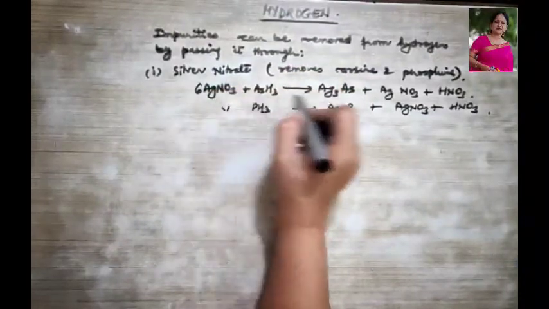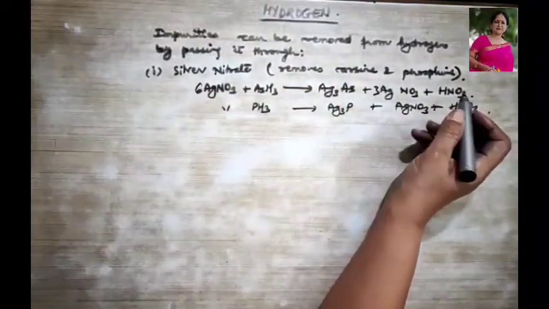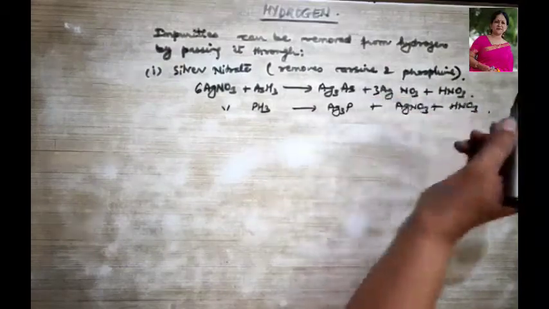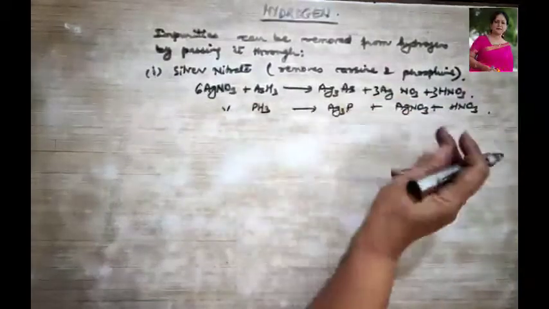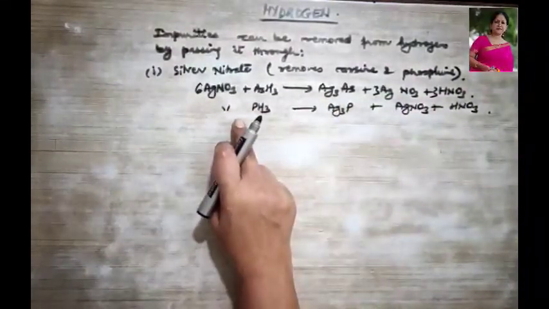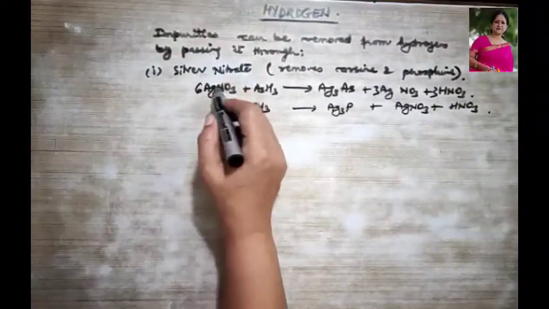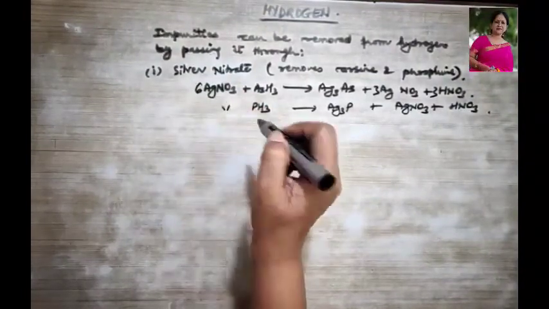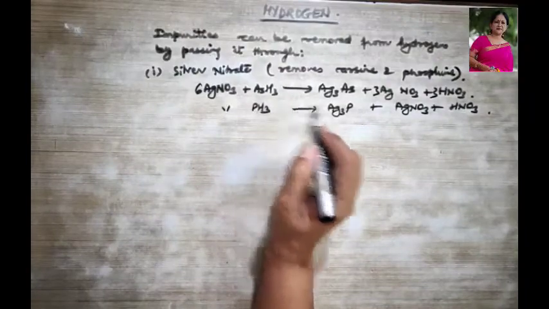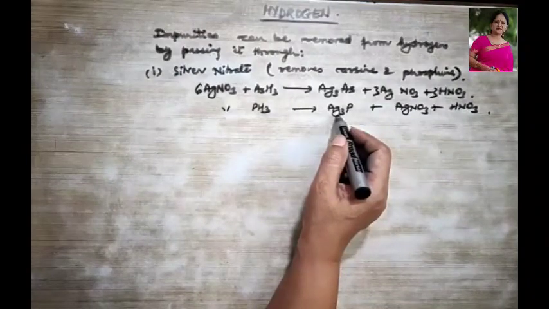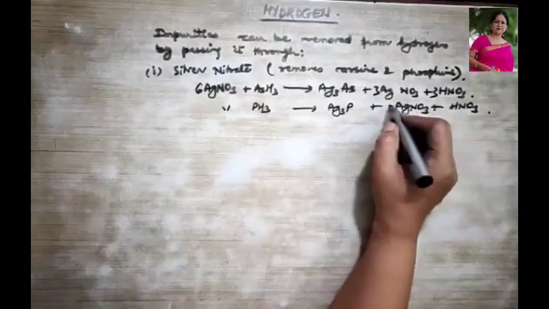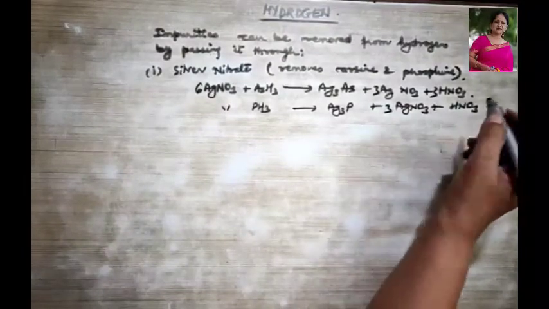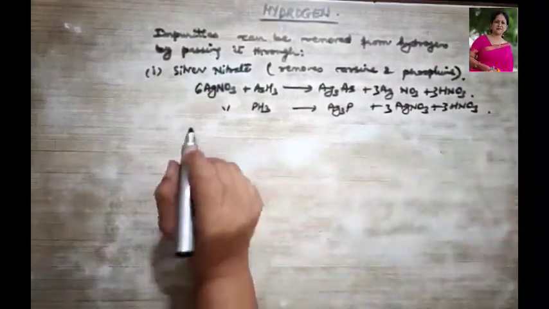This is 6HNO3, this will form 3HNO3, and this is 3H. So this is balanced. Here again, 6AgNO3 combines with phosphine to form silver phosphide plus 3AgNO3 plus 3HNO3.